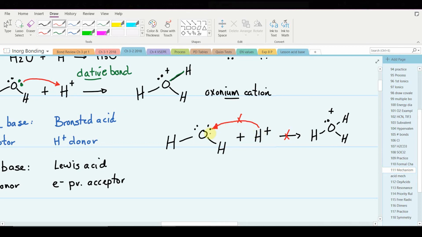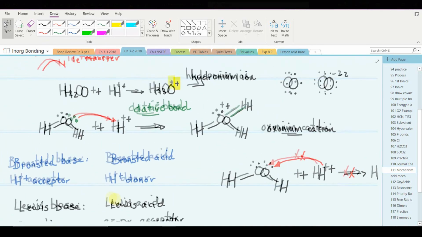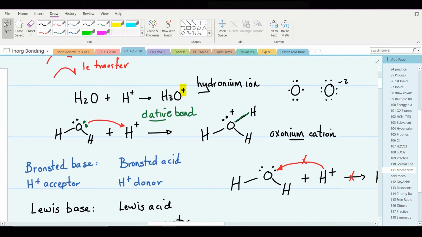Well, yes and no. Remember, in a beaker of water, there's a bajillion hydrogen ions, and there's a bajillion water molecules, and everyone's going back and forth and up and down and every which way. We can't really describe the motion of the molecules or ions. All we can describe is the motion of the electrons, and that always happens from the base to the acid, from the donor to the acceptor.